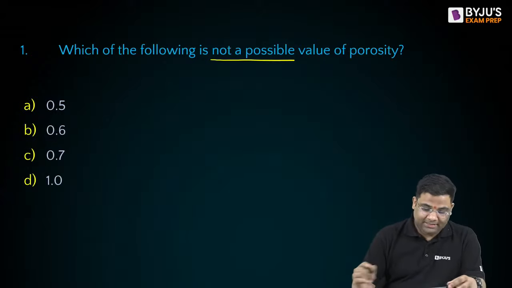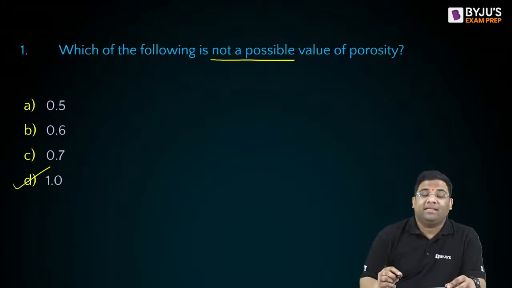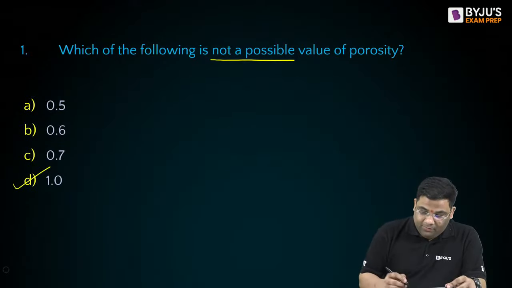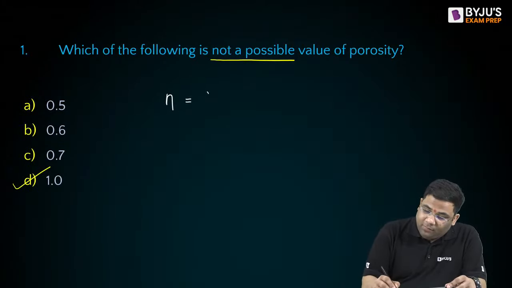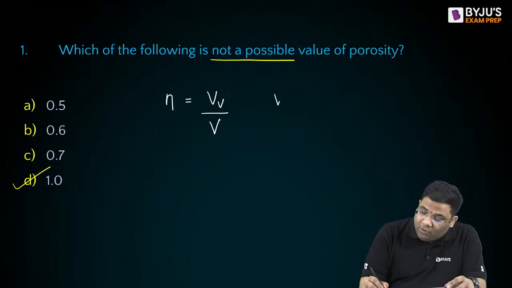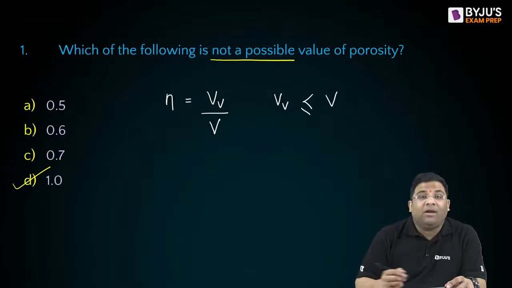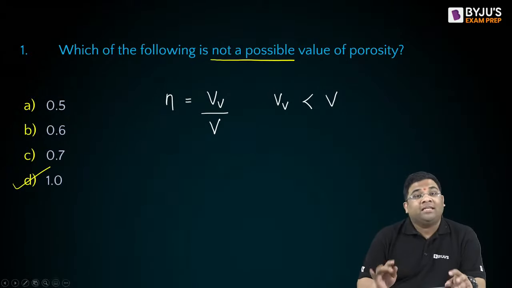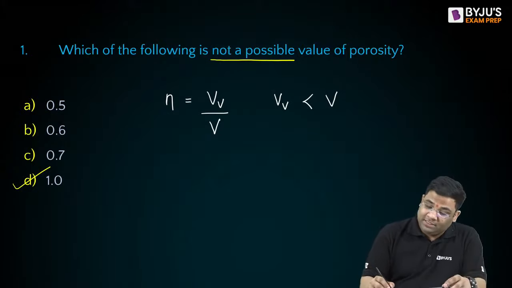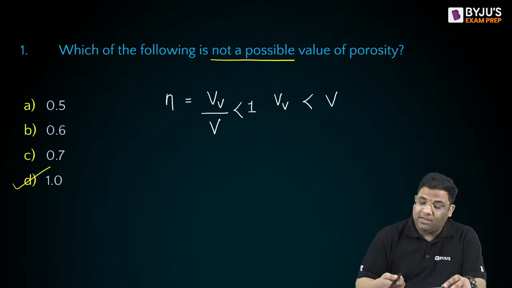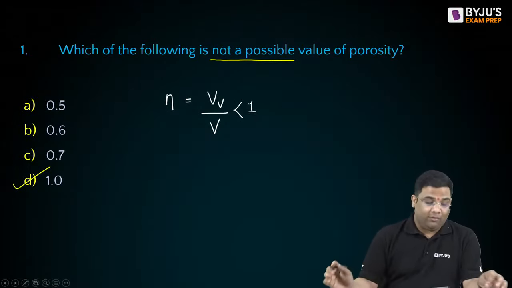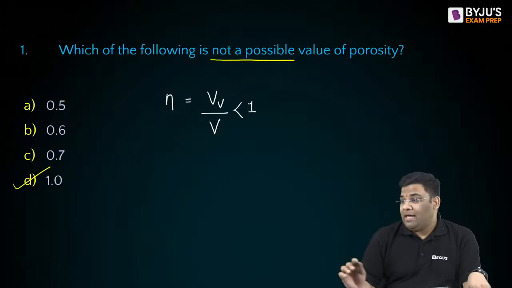Yes, the answer is D. Porosity is the volume of voids divided by total volume. The volume of voids will always be less than the total volume. It cannot be equal, it has to be less. So porosity has to be less than 1. It cannot be 1. Correct answer.